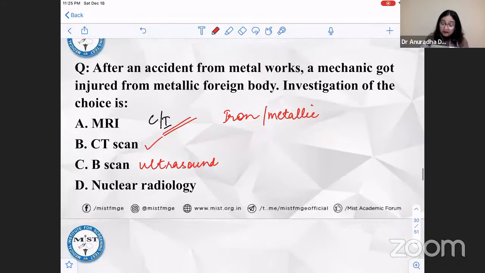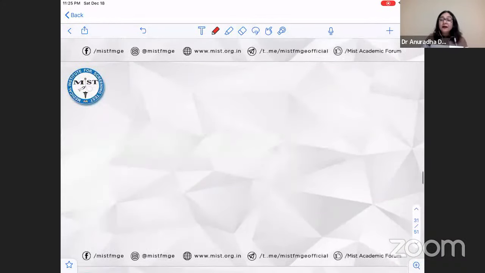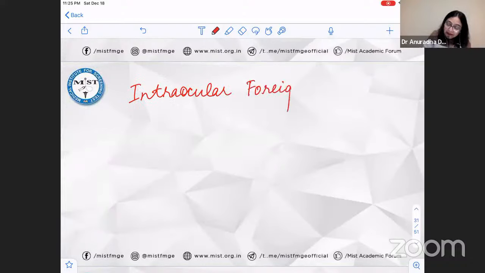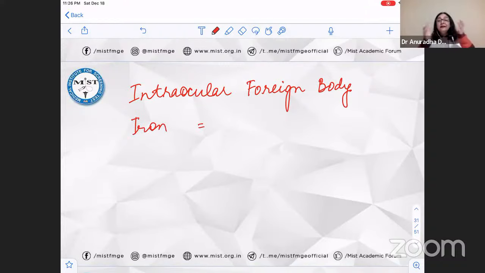Besides this, as far as intraocular foreign body is concerned, we must remember that metallic foreign bodies are usually more common. If an iron foreign body is retained inside the eye, what can happen?